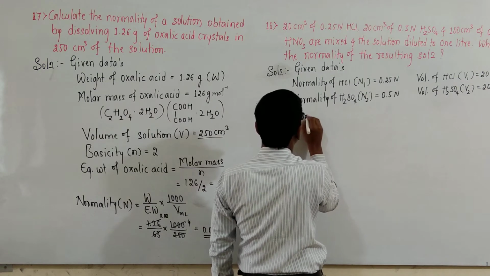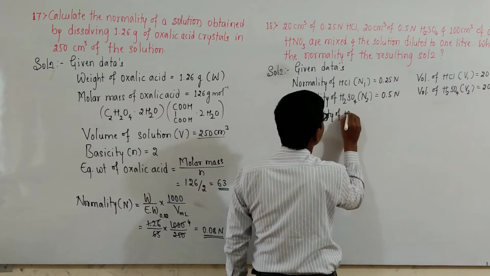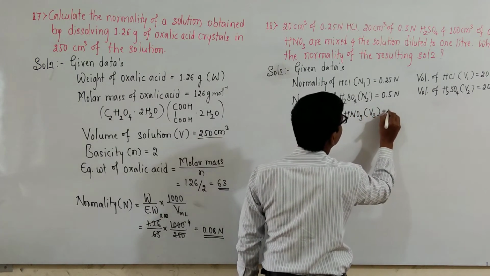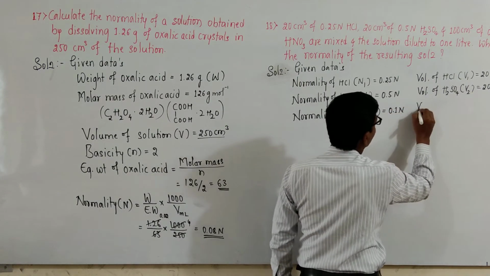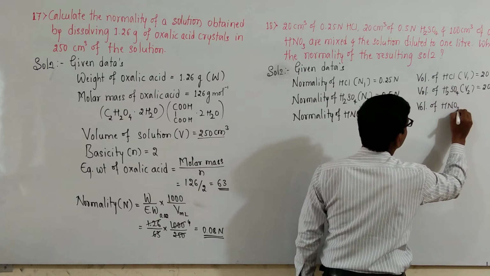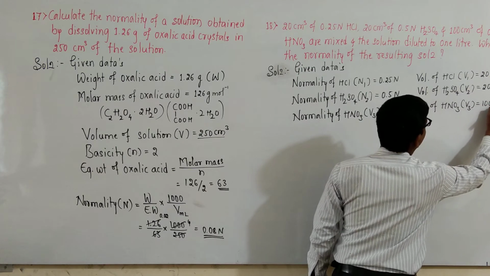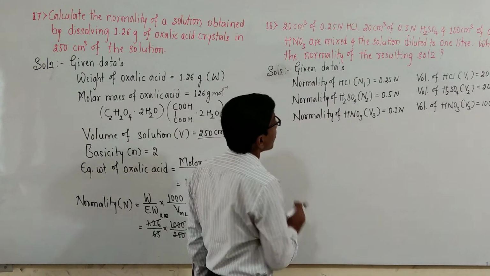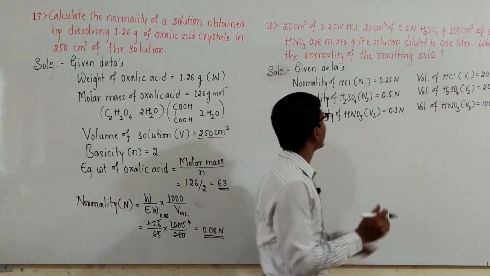Then normality of HNO3, that is N3, is equal to 0.1 normal, and volume of HNO3, V3, is equal to 100 cm cube. The resulting solution is diluted to 1 liter.